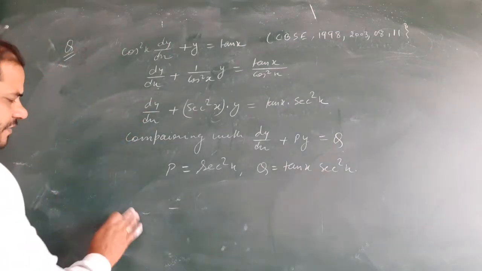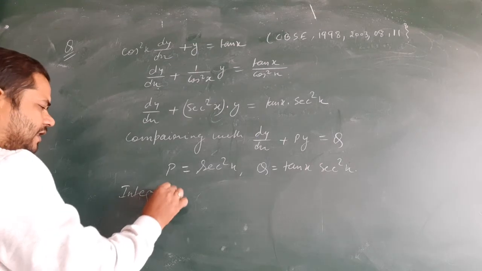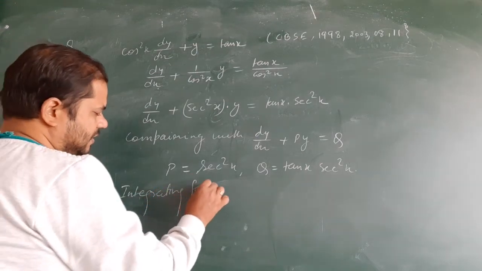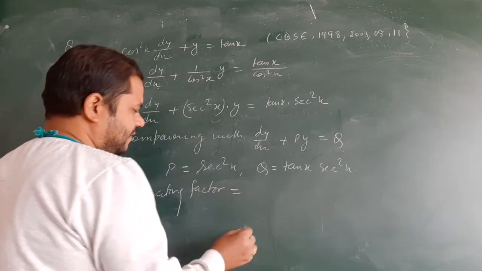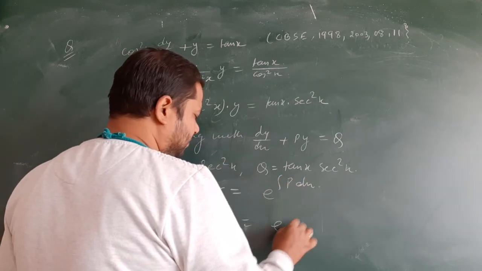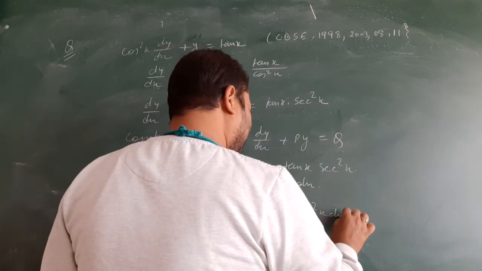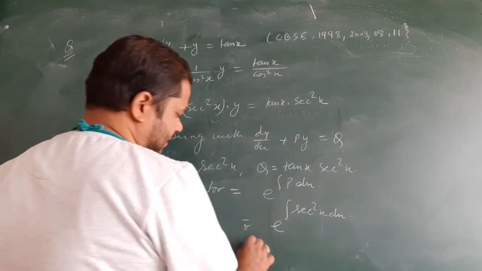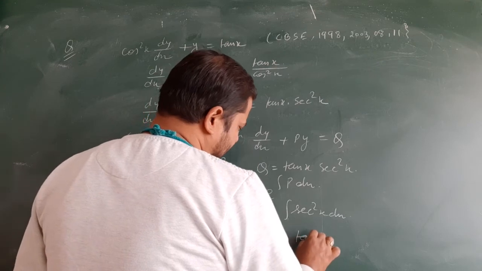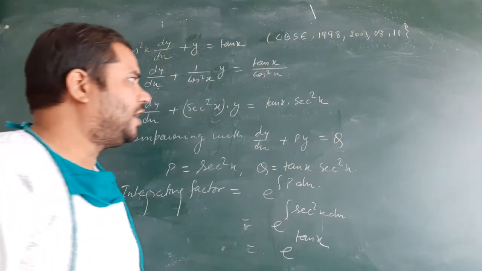Now the integrating factor, we find here. The integrating factor is e to the power integral of p dx. So this is e to the power integral of sec square x dx, and this is nothing but e to the power tan x. Okay, and now the solution.